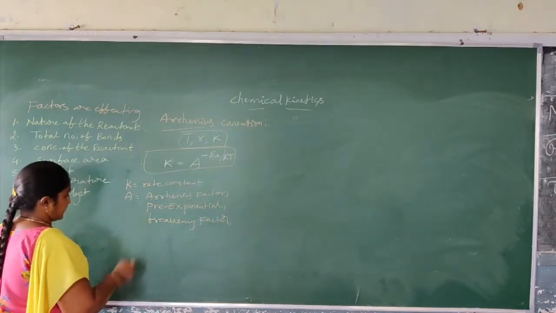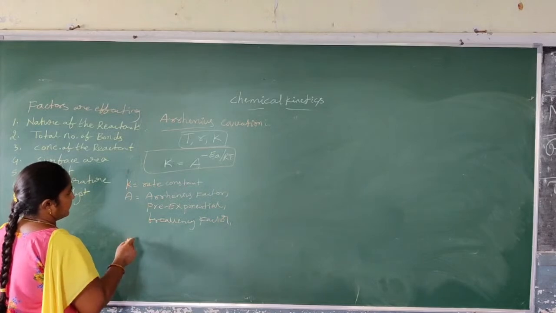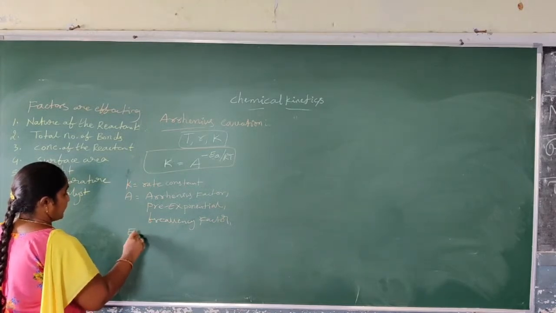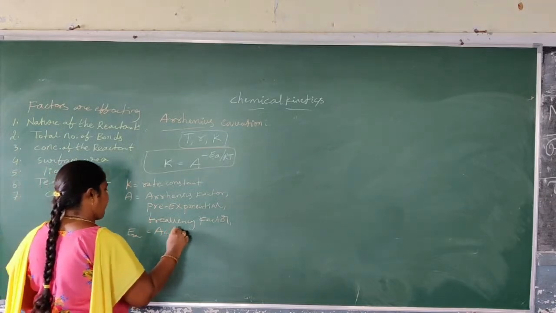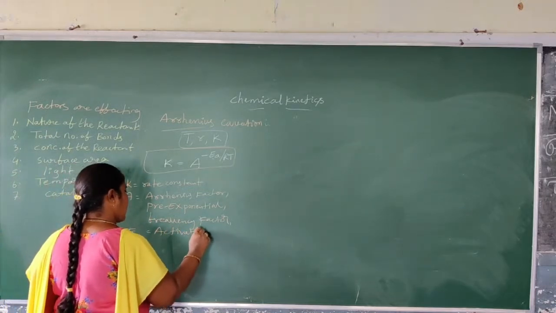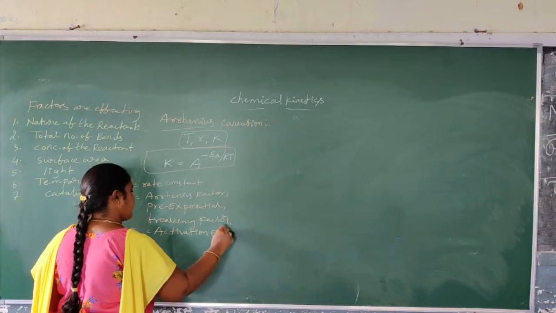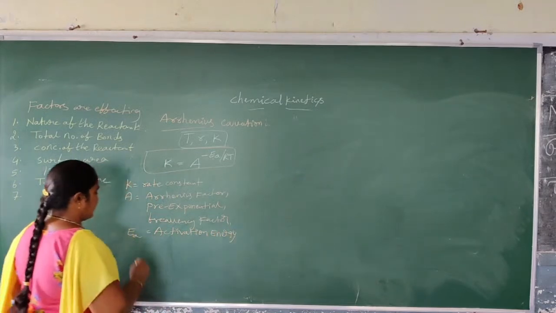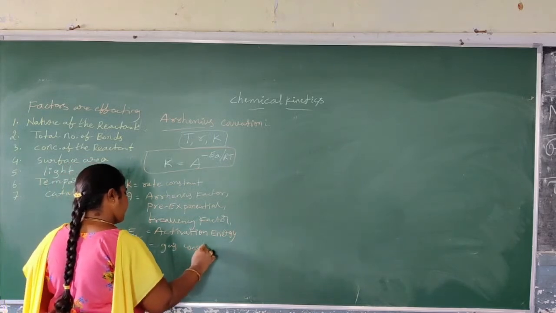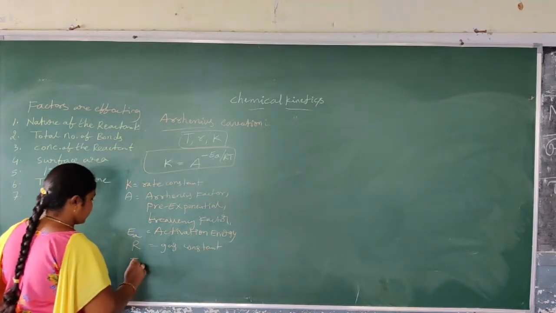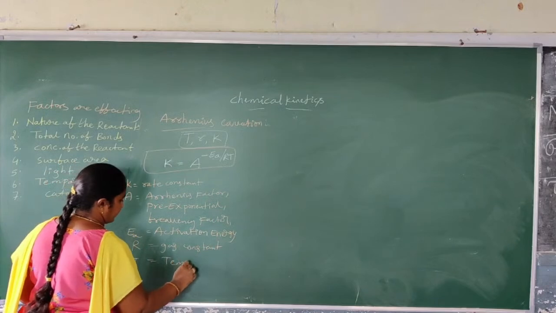Keep these three names in mind, it is important. EA is the activation energy, R is the gas constant, and T is the temperature in Kelvin.